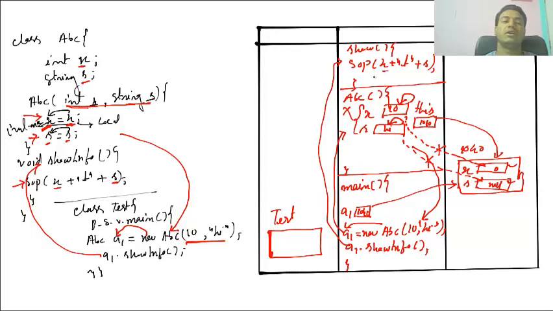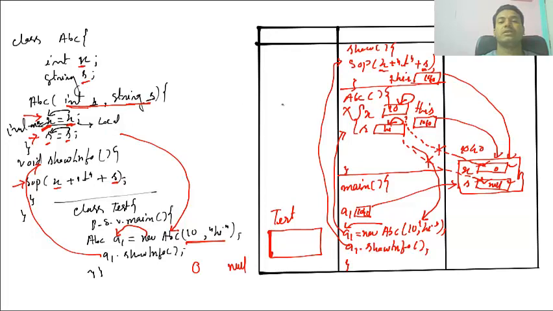But this x, locally it will search first. Locally x is not available, locally s is also not available, and of course here you have a this. The value is 1040 and this is pointing here. When locally x is not found and locally s is also not found, then it comes into the current object. Here x is there and here s is there, and it prints 0 and null, right?